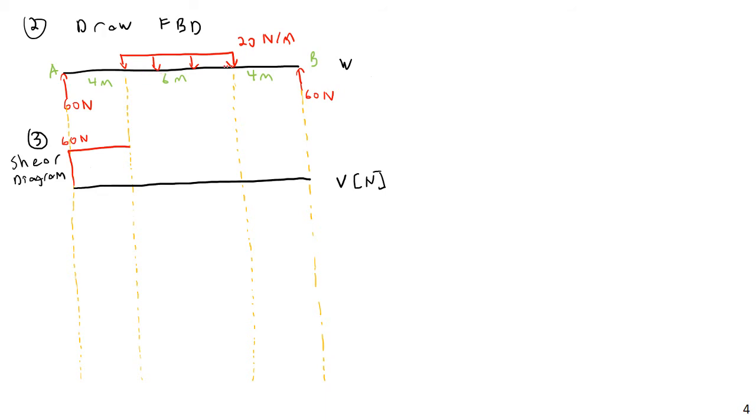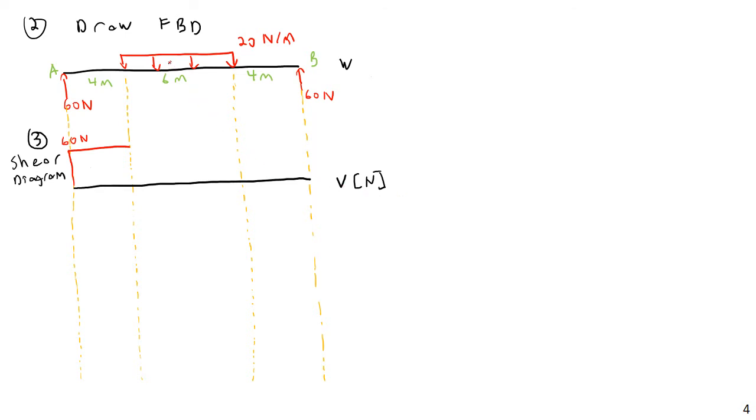Now, from here to here, what can I see? I do have a distributed load, which means I have an area, and the area under this is going to be 6 times 20, which is a total of 120 newtons. As we've discussed previously in this lecture and in the previous lectures, the area under the load is going to give us the change in shear.